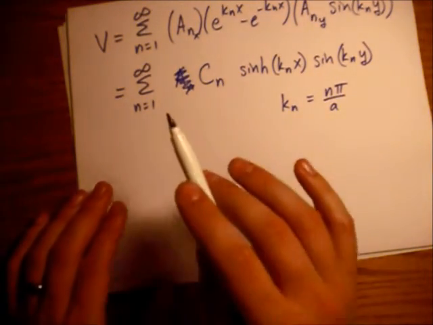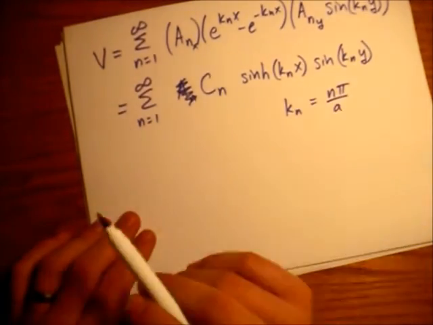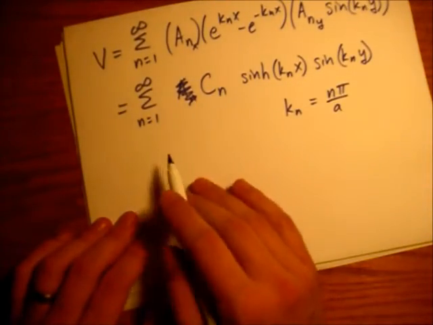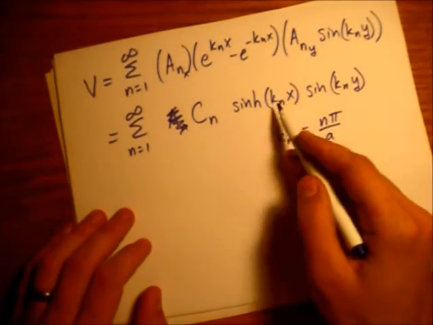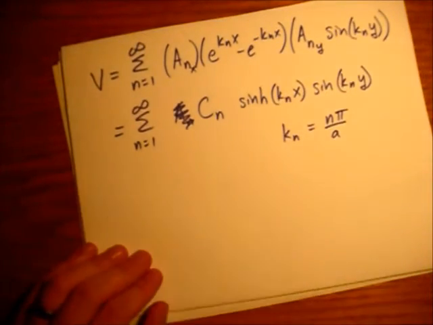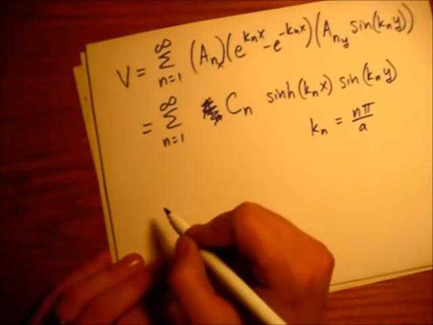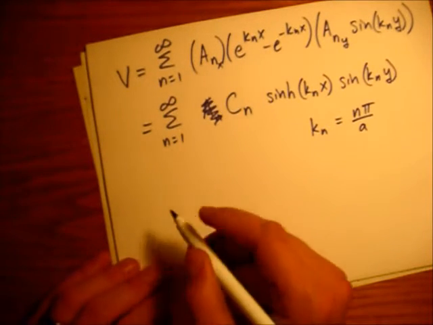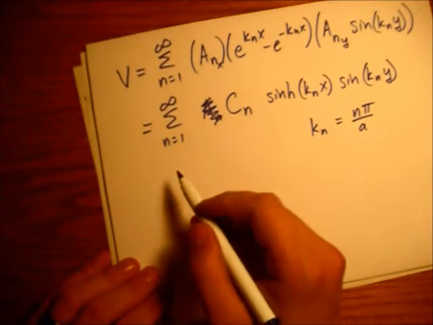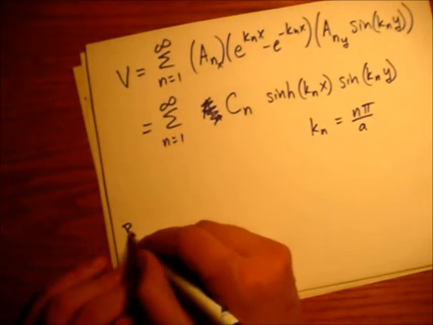Alright, so now that we have this form, this includes the y and the x. Now we can go ahead and look at our last boundary condition. So we need to plug in, let me write the whole BC.